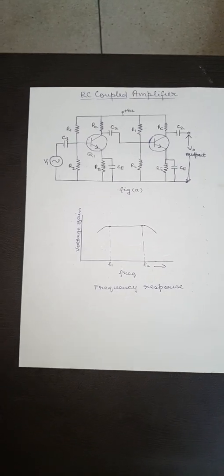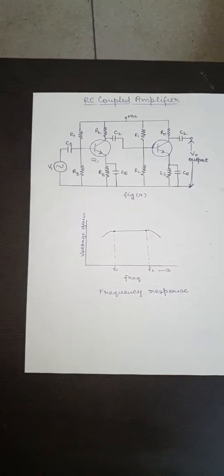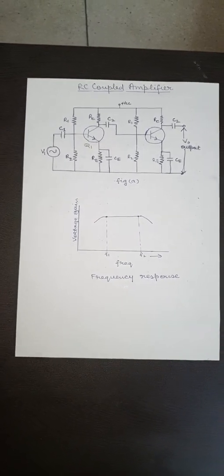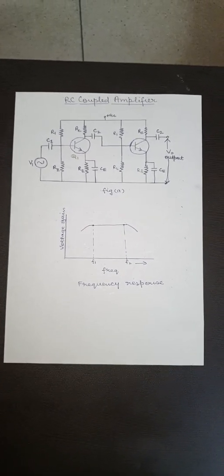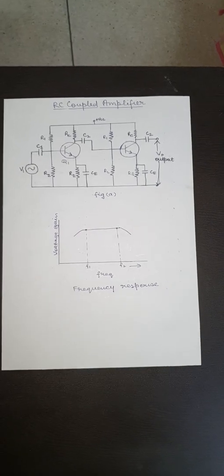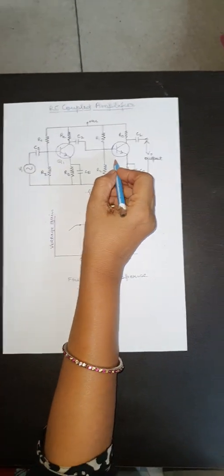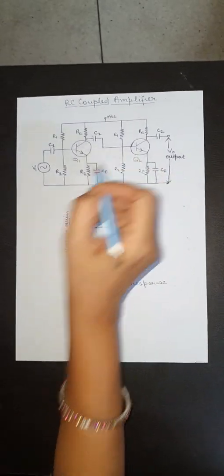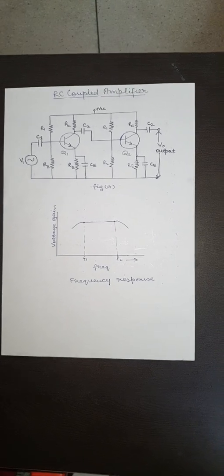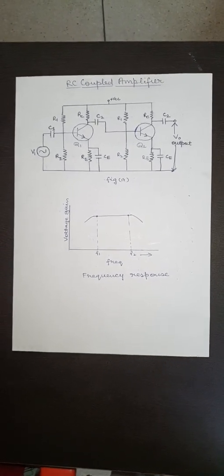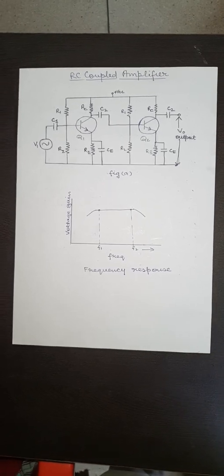When a small AC signal is applied at the input of the amplifier, it appears in amplified form across its collector, and this amplified signal is given to the base of the second stage transistor Q2 through coupling capacitor C2. The second stage further amplifies this signal and the overall gain is increased.